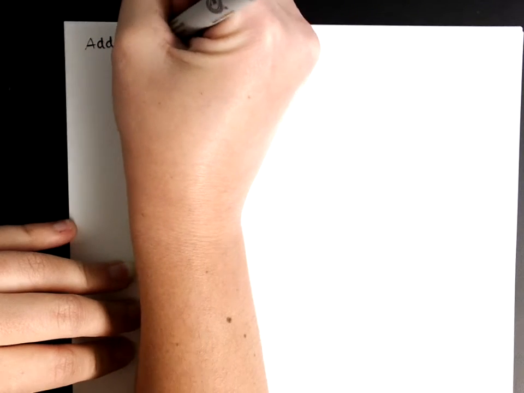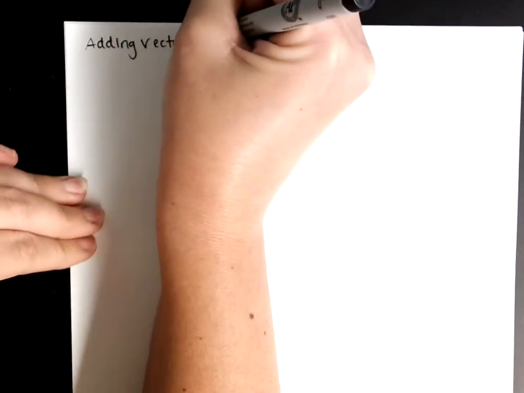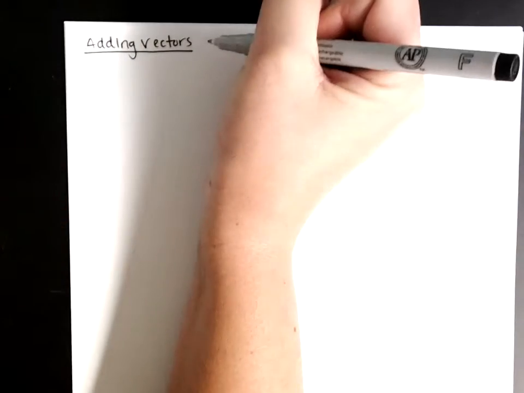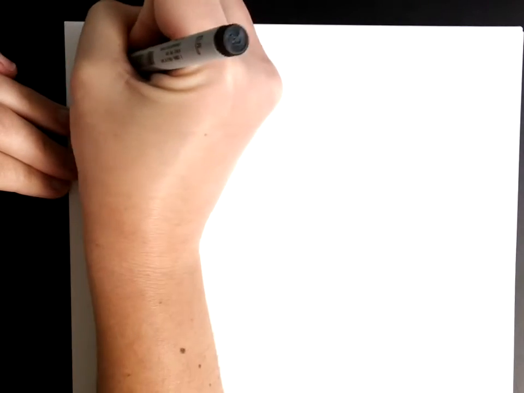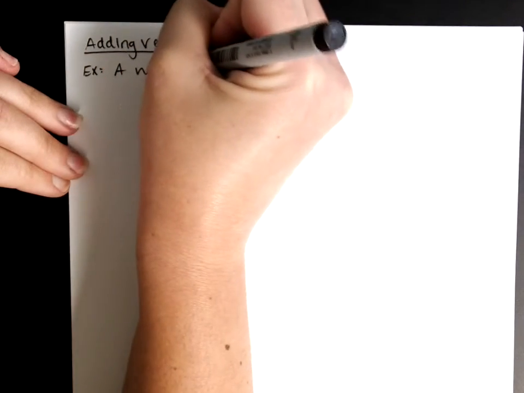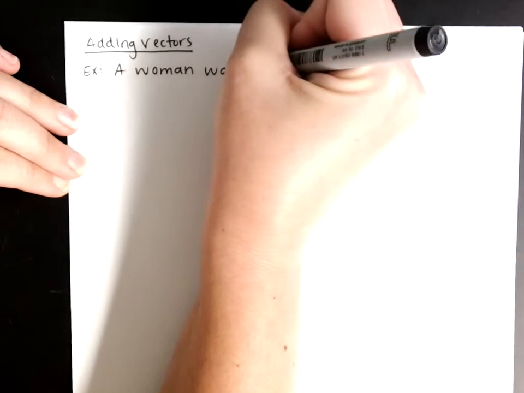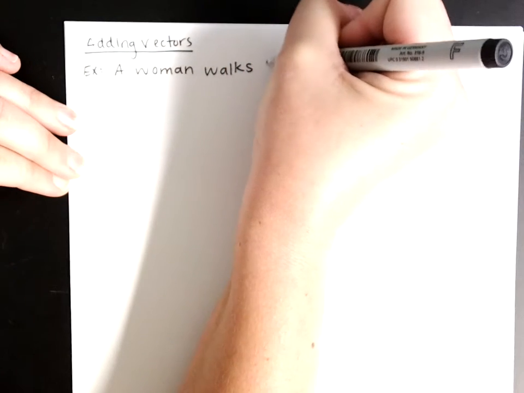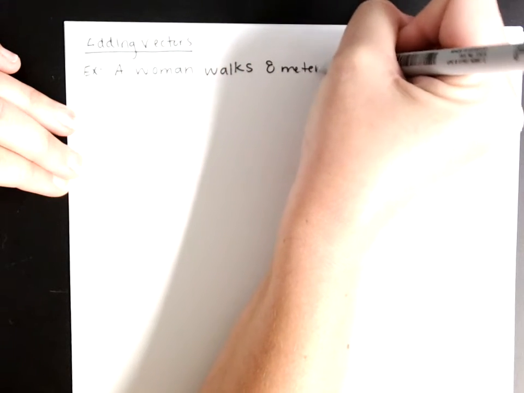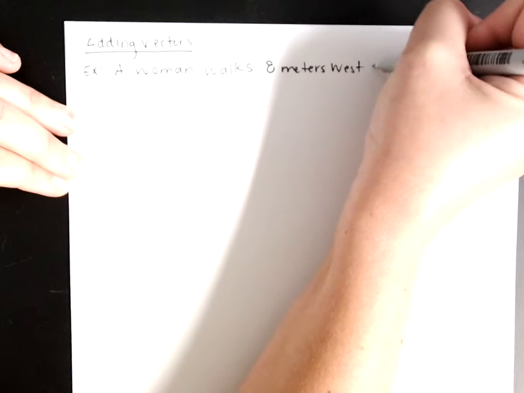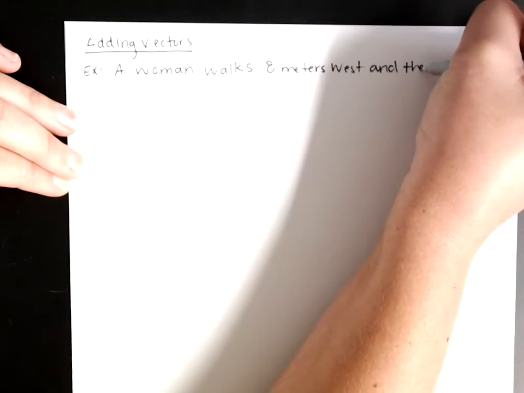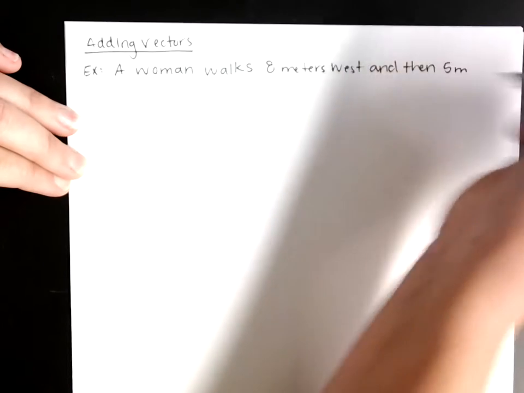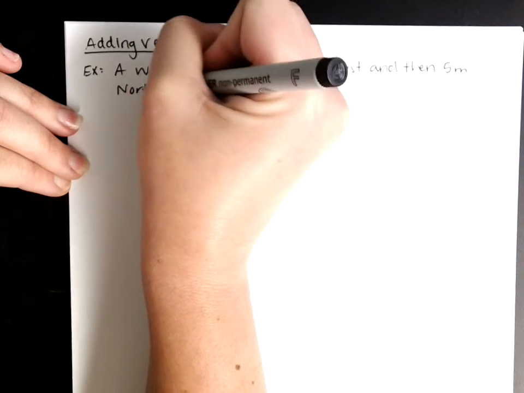Adding vectors. Okay, example. A woman walks 8 meters west and then 5 meters north.